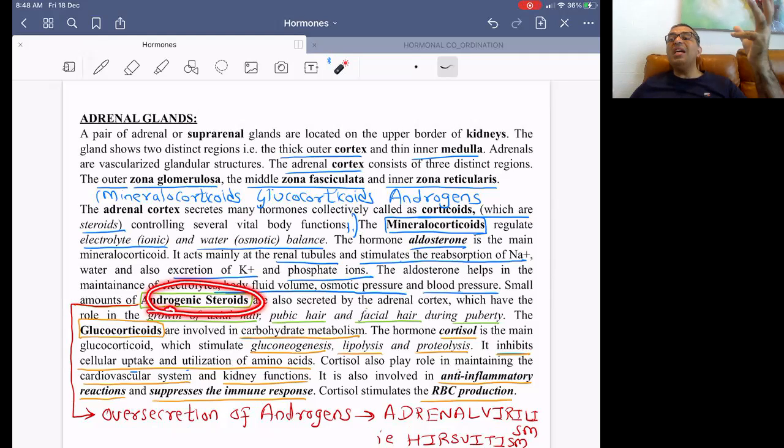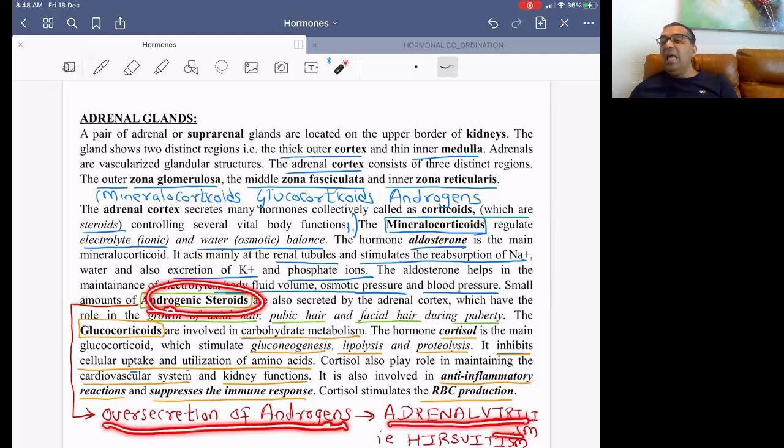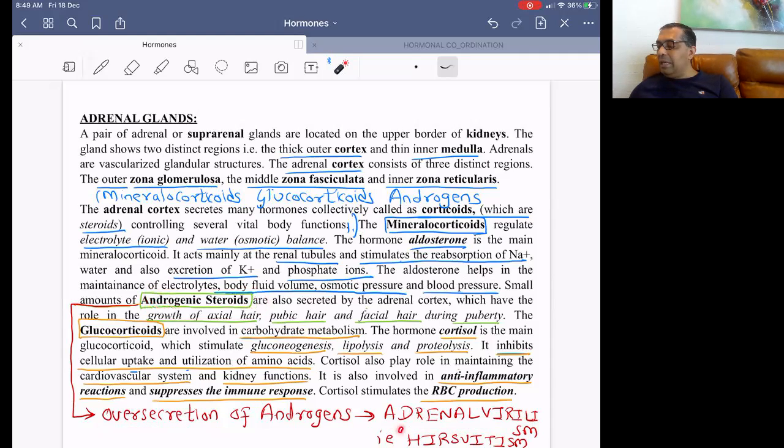They have an over secretion of androgens, which is a condition called as adrenal virilism, also called as hirsutism, where they have excessive facial hair. तो कुछ ज्यादा ही मुस्टैच आ जाती है, कुछ ज्यादा ही फेशियल हेयर आ जाते हैं, and these women have overgrowth of facial hair, a condition called as adrenal virilism, also called as hirsutism, are the important features because of androgenic steroids.